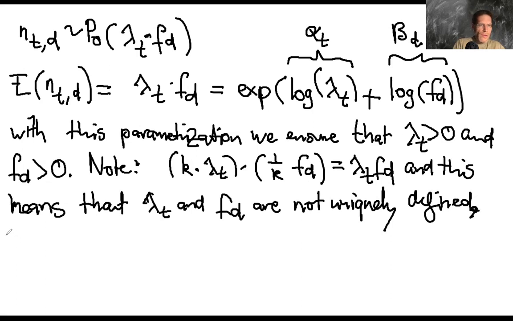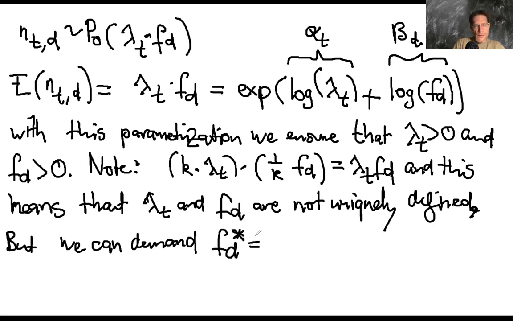Okay, but what we could do is demand, let's say, that fd star is equal to fd divided by the sum from small d equals 0 to capital D of all the fds.